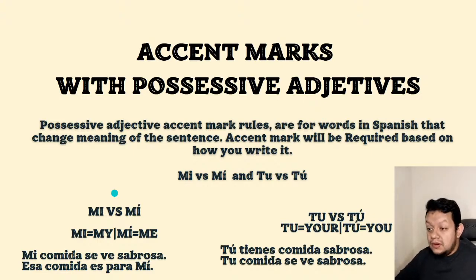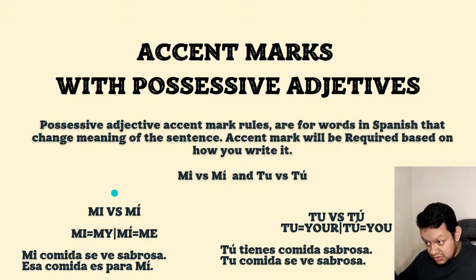When we're saying "for me," or when it belongs to me in this case, we will write the accent mark on that word. And then I also use "tu" as another example. We have "tu" without an accent mark and "tú" with an accent mark.